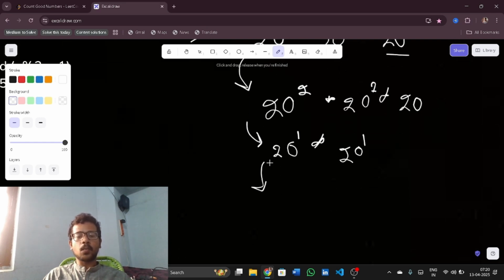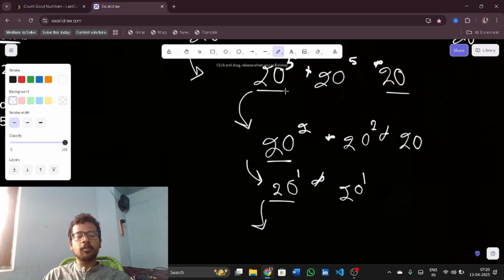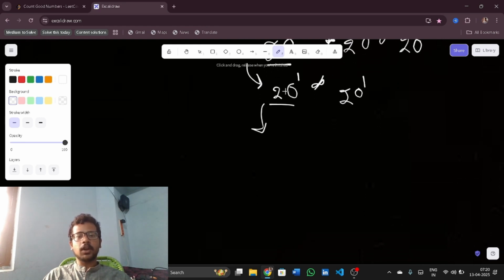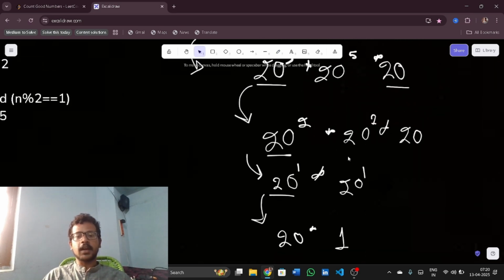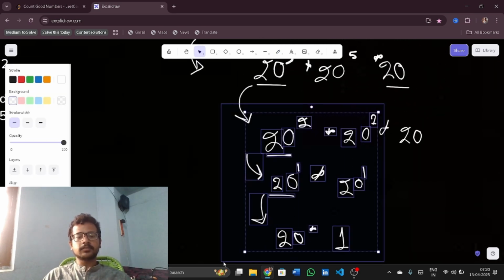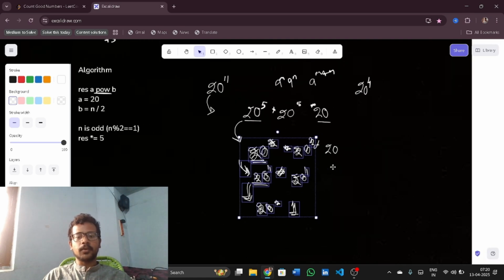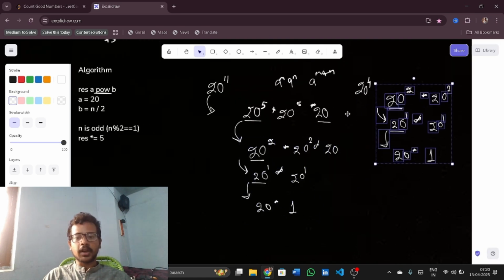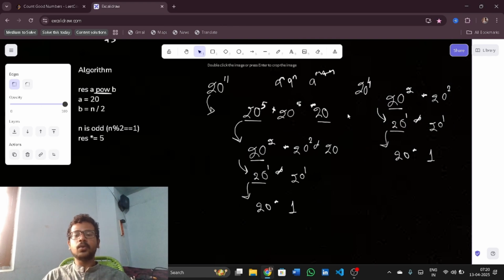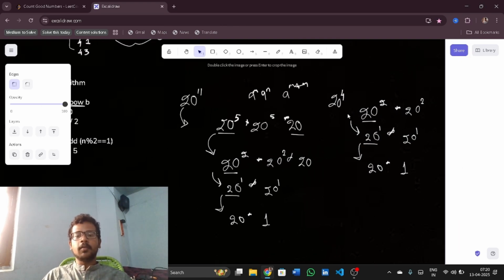I simply copy this and paste it over here. Now 20 power 4 is also computed as 20 power 2 into 20 power 2, and 20 power 2 can be written as 20 into 20, and 20 power 1 is written as 20 into 1.